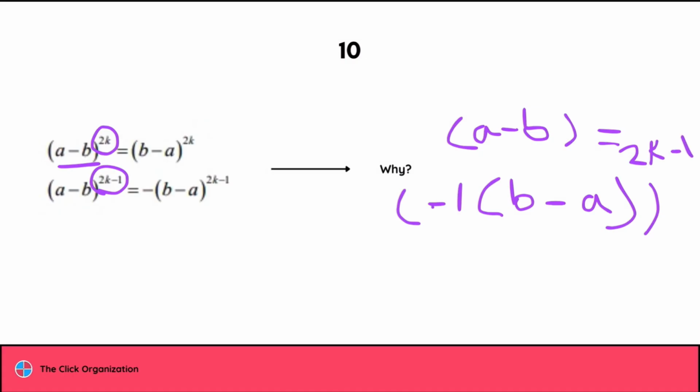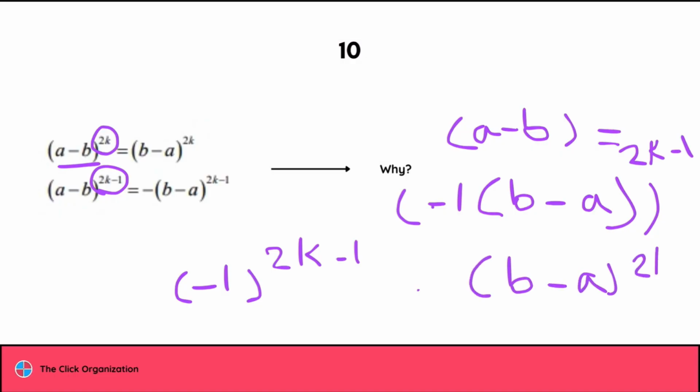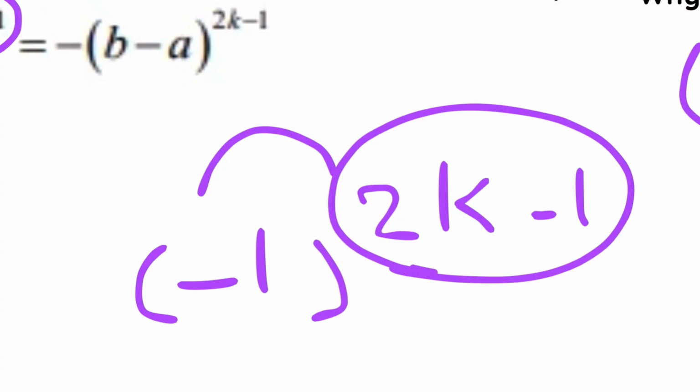So I am going to distribute the power: (minus 1) to the power of 2k minus 1 times (b minus a) to the power of 2k minus 1. Because my power is an odd number, minus 1 will stay the same. The symbol will stay minus, okay?